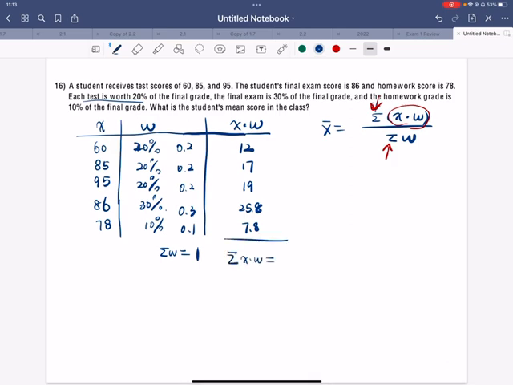The sum will be 12 plus 17 plus 19 plus 25.8 plus 7.8. I have 81.6. That's the sum. So my X bar will be 81.6 divided by 1. That is 81.6. So this is the student's average score for this course.